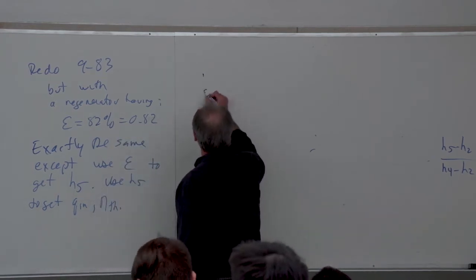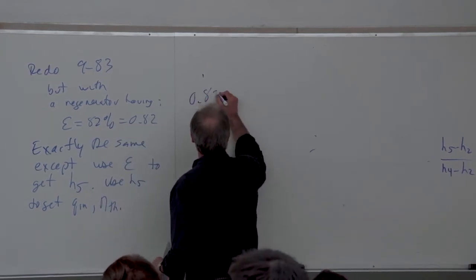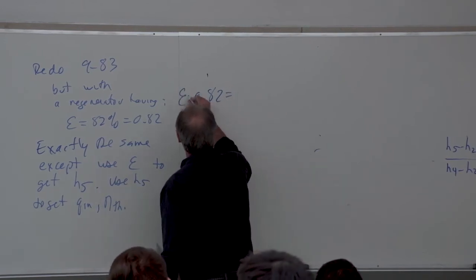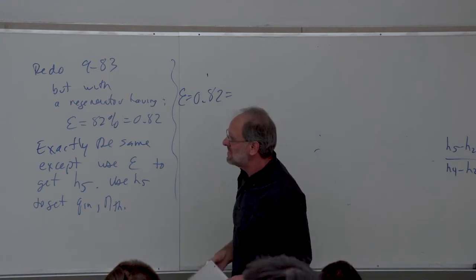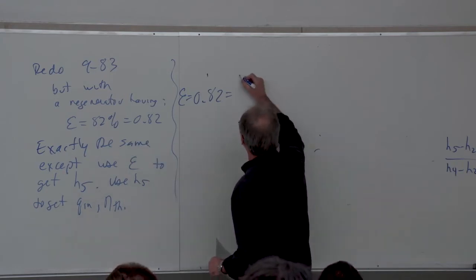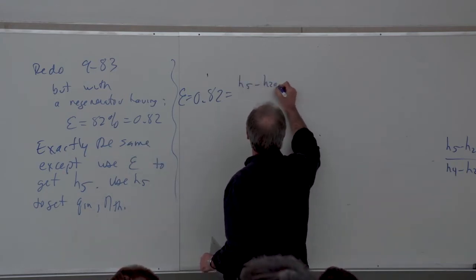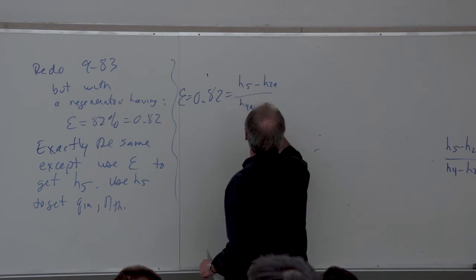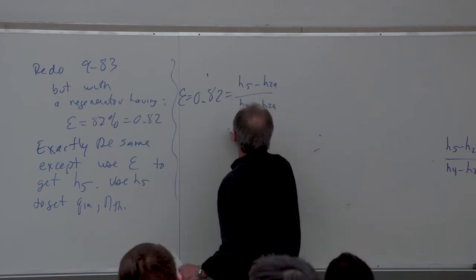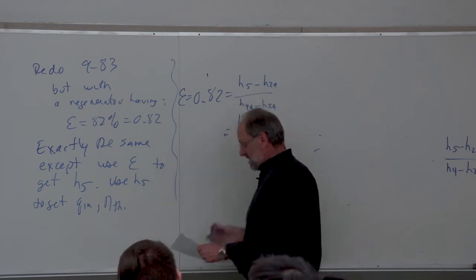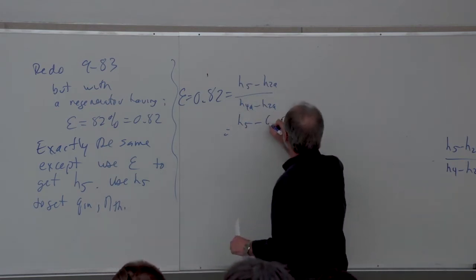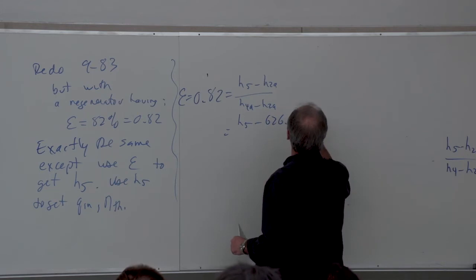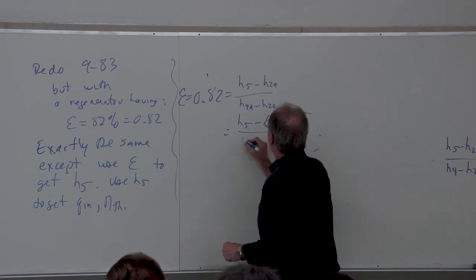We're given a regenerator effectiveness of 0.82. And again, based on our definitions, we know this is going to be H5 minus H2A over H4A minus H2A. So we just plug in the numbers. H2A we found earlier as 626.6 kilojoules per kilogram.